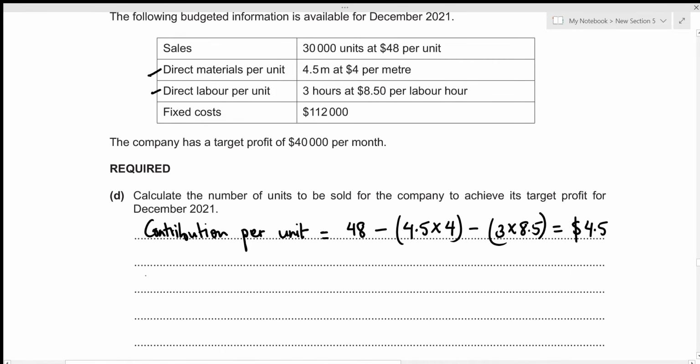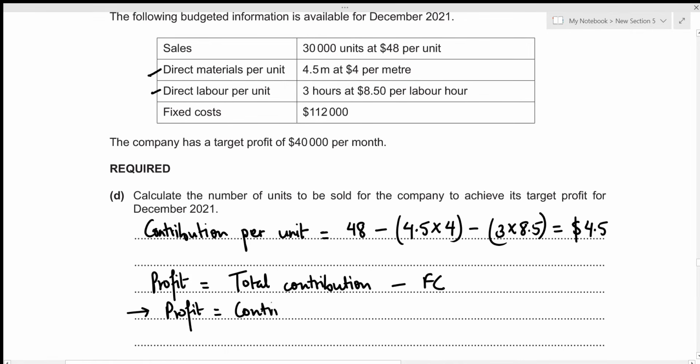Now what we know is that the profit is just going to be the difference between total contribution and the fixed costs. And the formula for total contribution is contribution per unit into the number of units minus the fixed cost.